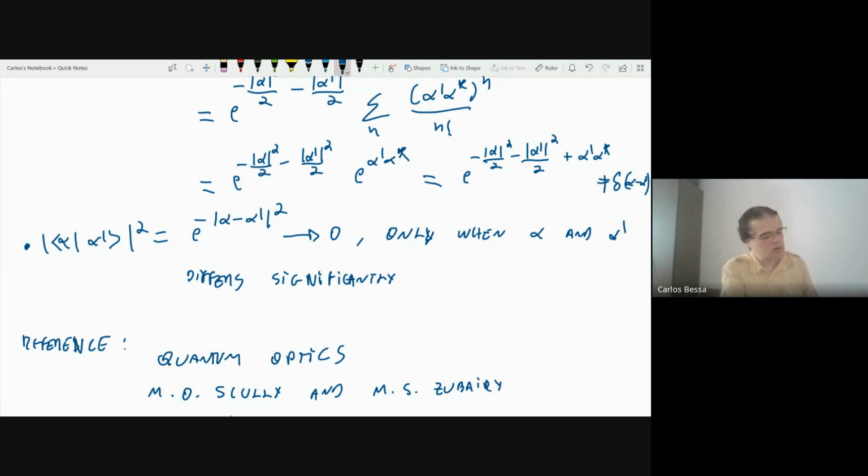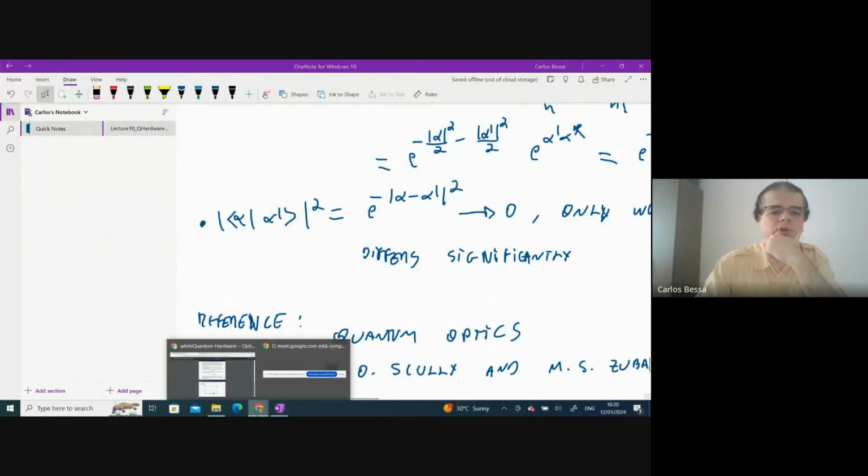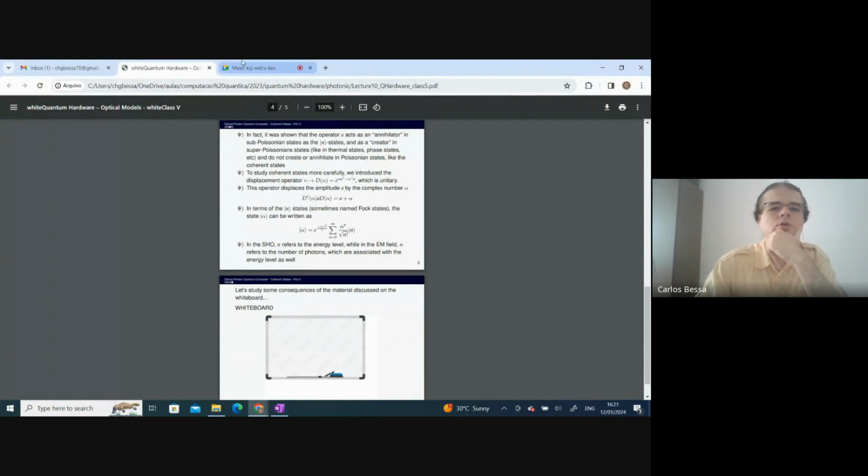This is chapter 2, not everything, I think from page 50 to 55. I think these are the main properties. The book is the one I showed you at the beginning, so you can find more discussion. I think it's good to have a read.